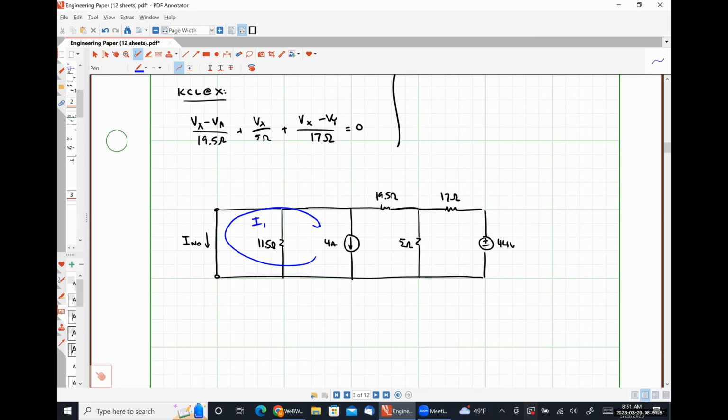I know that no current is flowing through the 11.5 ohm resistor because it's in parallel with a short circuit. So I'm just going to not waste any time proving that using a system of equations, which is also going to let me have a smaller system of equations.